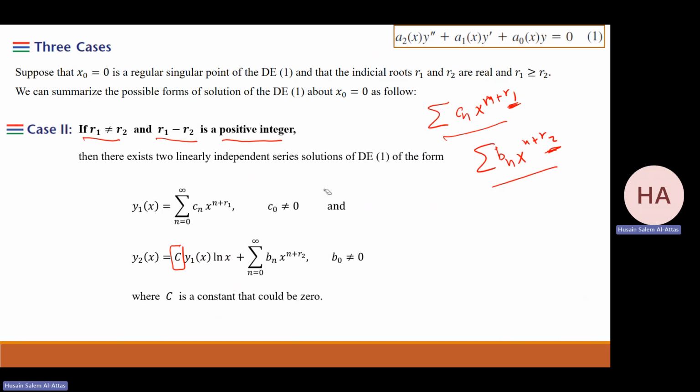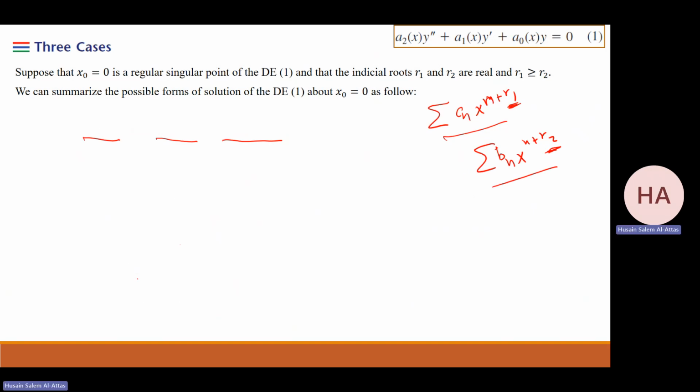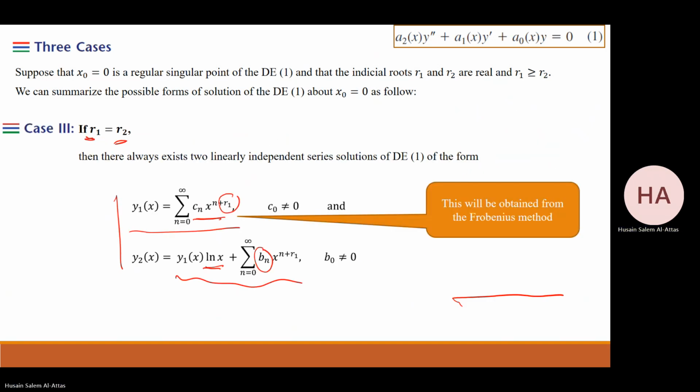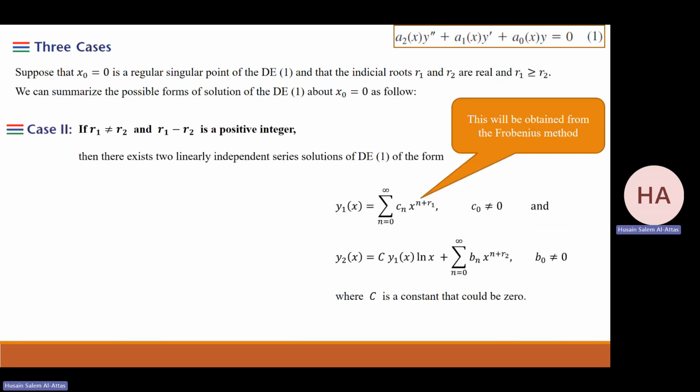However, if they are the same, then this C will make the format like in the third case, where I have the ln. So that's my main idea. That's what I want you to understand.